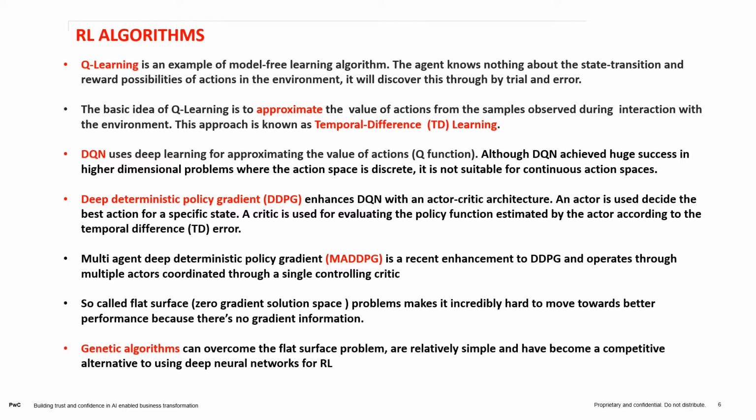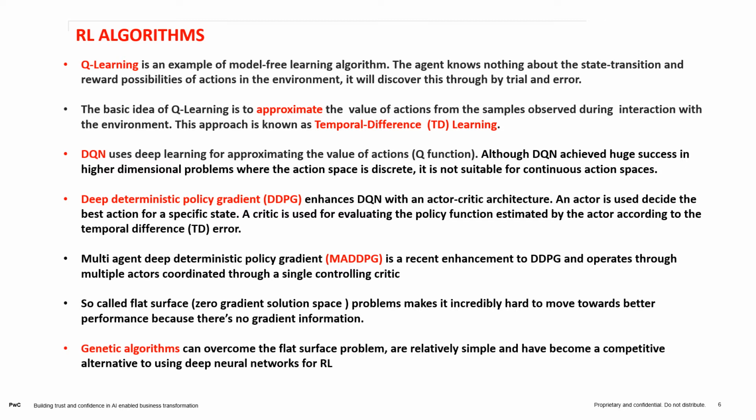Now DQN uses deep Q-learning for approximating the value function, and DQN has been very popular and successful in high-dimensional problem spaces where the action space is discrete, like in computer games, Atari games, and these types of games which RL agents have been trying to play against.